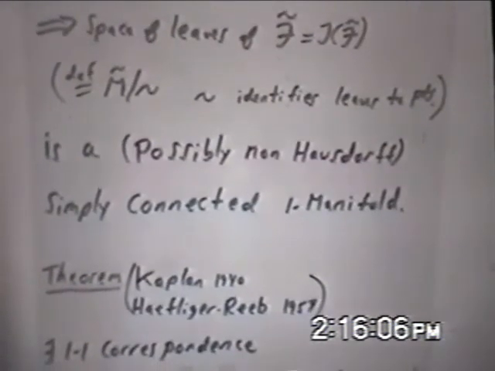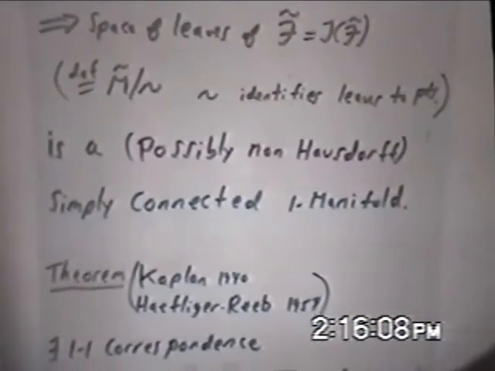If you look at a little chart, you'll see little charts like a D2 cross I. So the little transverse intervals give you the basis for the 1-manifold structure, and all those little transverse intervals you can sort of put together. Using the simple connectivity of the manifold, it's a little argument to show that the space of leaves of the foliation is a simply connected 1-manifold.